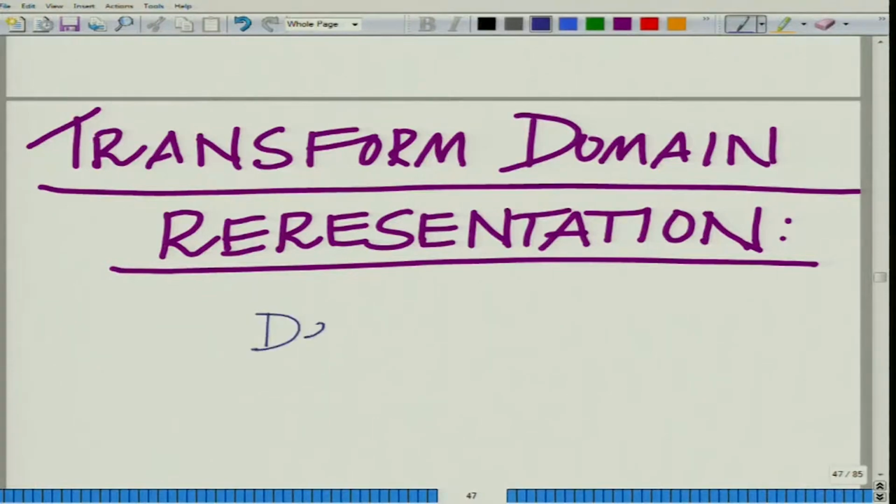So, we define what is known as the D transform.